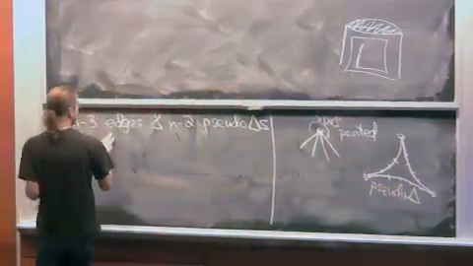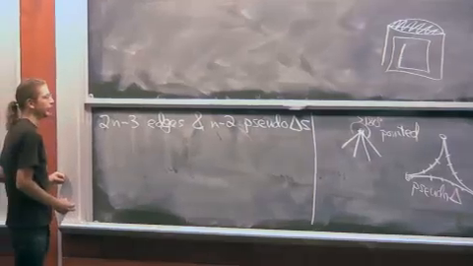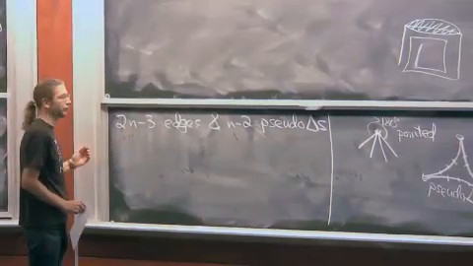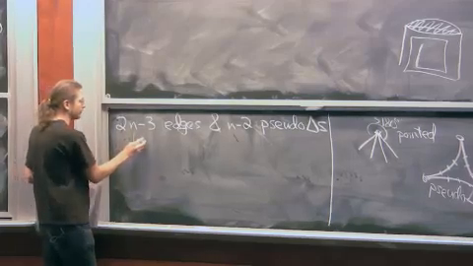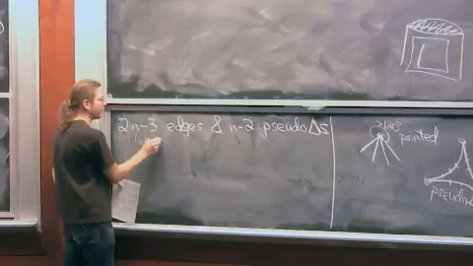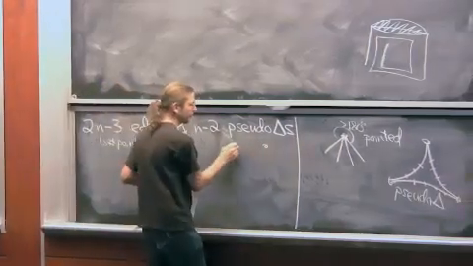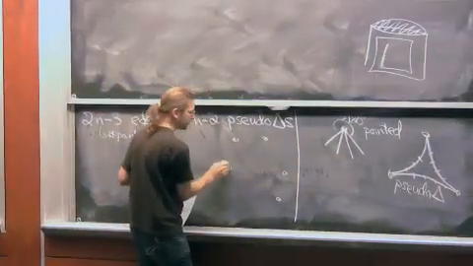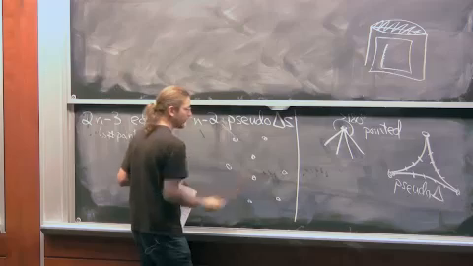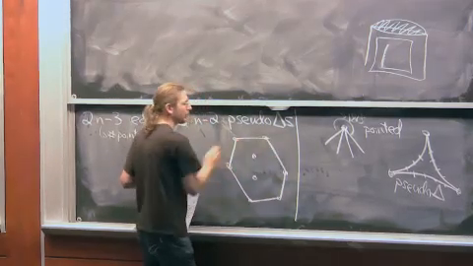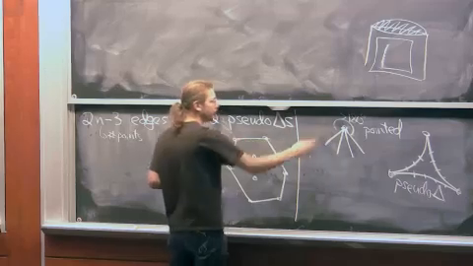It's pretty easy to prove this by induction. I won't go through the proof here. It's interesting in the way that it is different from triangulations. So n here is the number of points. And I'm thinking about pointed pseudotriangulations of the point set, meaning I take some points and I add edges until I can't anymore, subject to the pointed property.